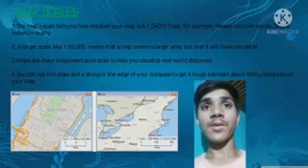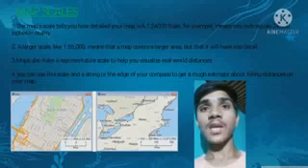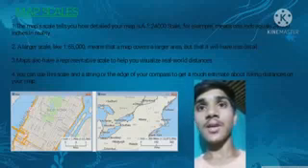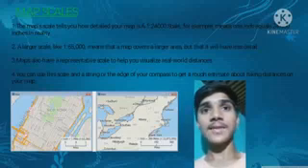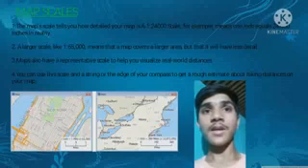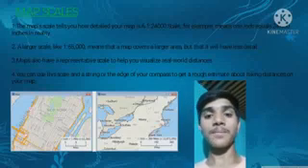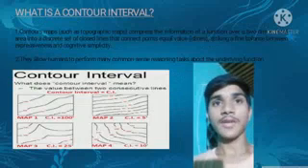Maps have a representative scale to help you visualize real-world distance. You can use this scale and a string or the edge of your compass to get a rough estimate of hiking distance on your map. What is a contour interval?